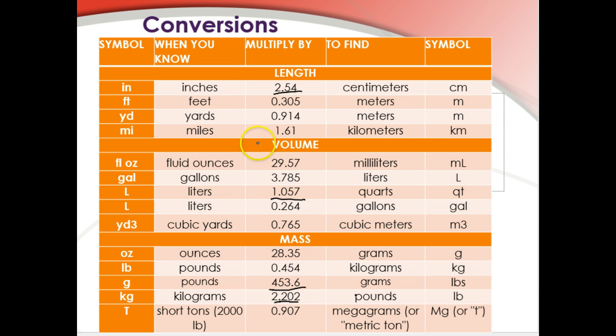The nice thing is we can always convert to these units and then convert over to metric and then go wherever you want as far as that goes. But you do need to memorize at least one for each unit: 1.057 quarts to a liter, 2.54 centimeters to an inch, and 453.6 grams to a pound. Make sure you have those memorized. And that's all you need to do. You don't have to memorize any of these other crazy ones, because we can always convert from one place to another.